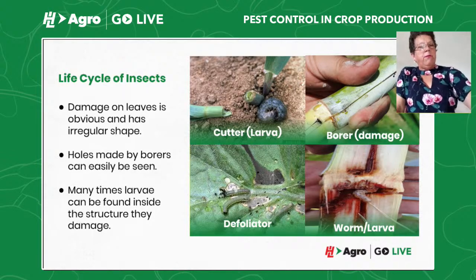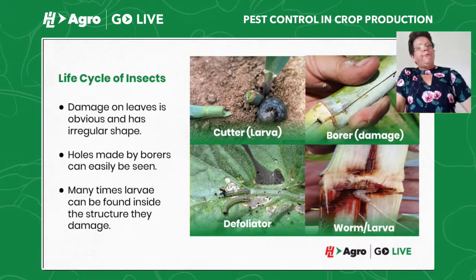Here are the small larvae, and this type of damage is called window damage because you can see the epidermis is there and you can see through the leaf. The green part of the leaf has disappeared because the larvae have eaten it, but you can see through the epidermis because the epidermis is intact. That's an example of the defoliator.